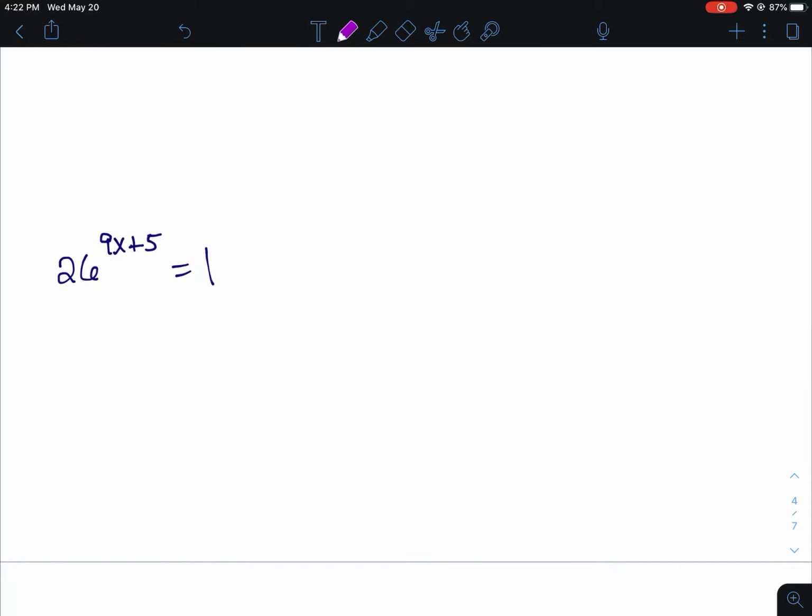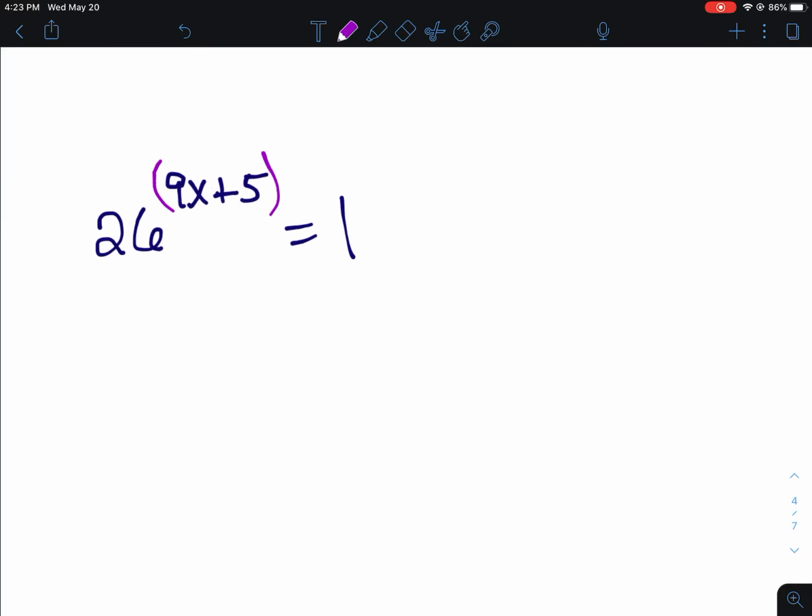Let's try another one. So this is 26 to the 9x plus 5 power, that's all one piece, is equal to 1. So if I'm going to rewrite this with the same base, well, 26, there's really nothing to a power that gives us 26. So I'm kind of stuck there. But I know anything to the 0th power gives me 1.